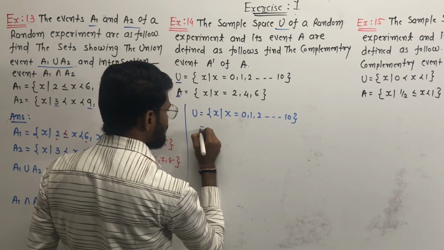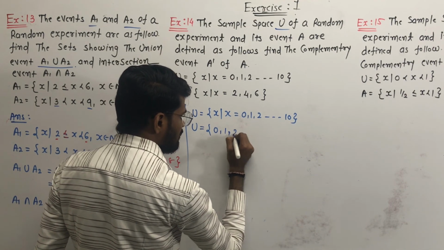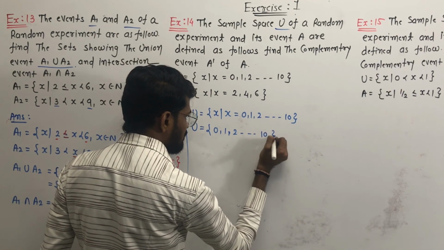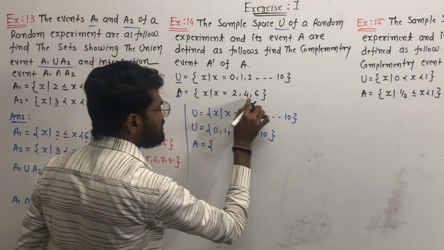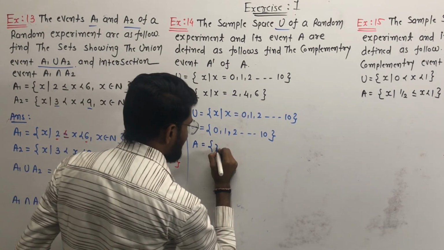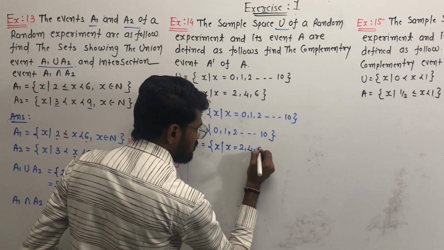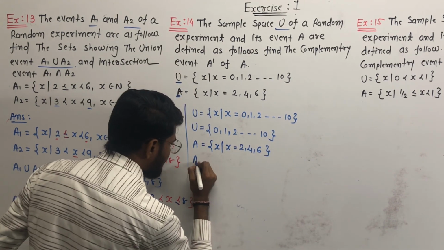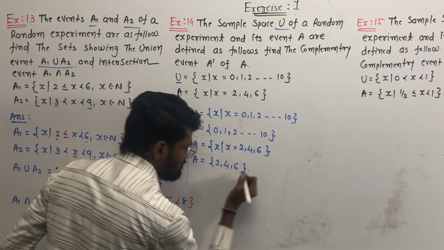Yes, so our sample space U is 0 to 10. Okay, now event A = {x : x = 2, 4 and 6}. So the elements of the event A are 2, 4 and 6. Yes, this is our data.